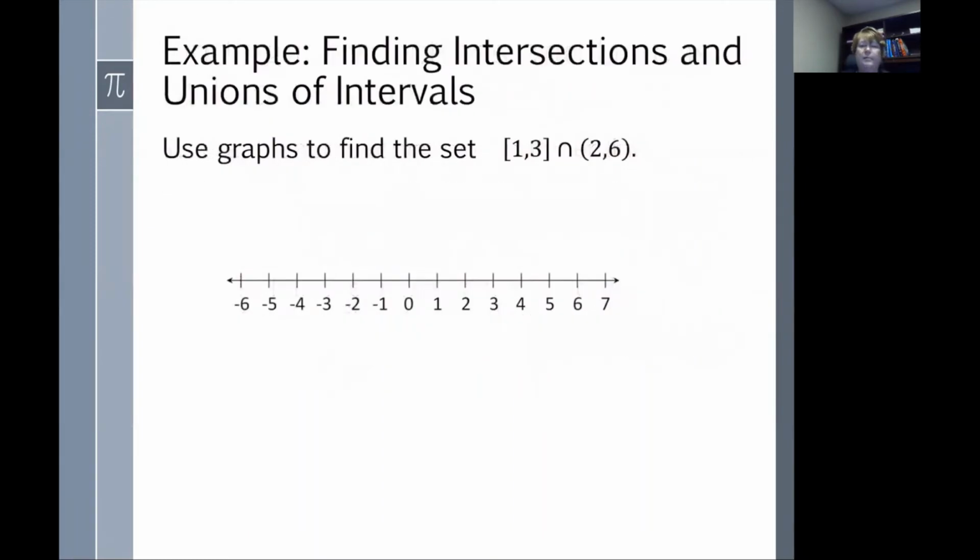So let's graph the intersection. That's what that symbol means. The upside down U means intersection. So we're going to find the intersection of the interval from 1 to 3 with the interval from 2 to 6. And I'm going to draw these in different colors just so that we can get an idea of what happens.